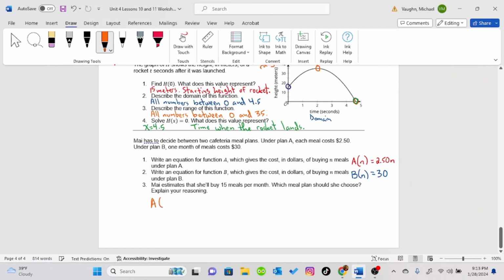Well, A of 15 equals $2.50 times 15 meals, which is $37.50.